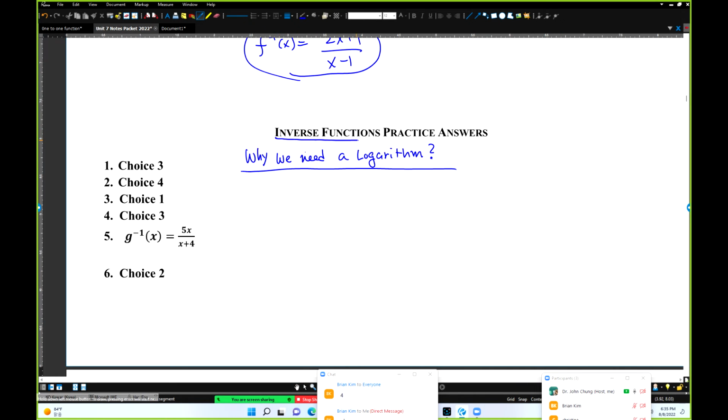Okay, when you have a polynomial function, it is easy to find the inverse function, right? Because you switch x and y and express y, that's it.